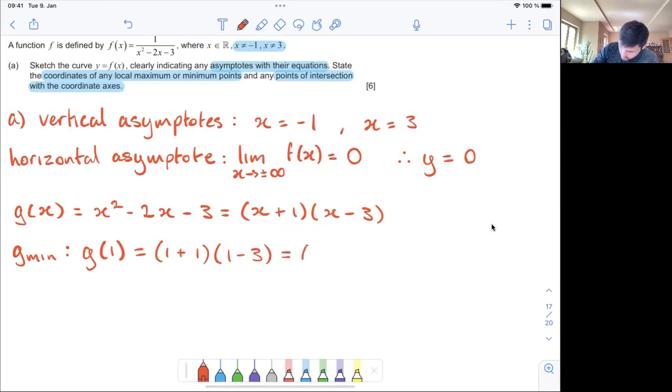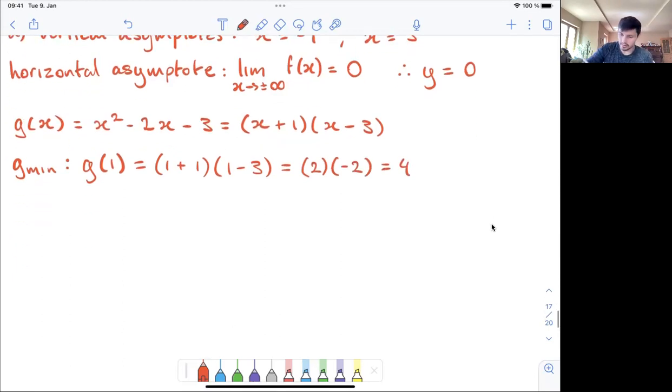And that's going to equal 2 multiplied by negative 2, which equals negative 4. Which means then, therefore, the minimum of g is at (1, -4).